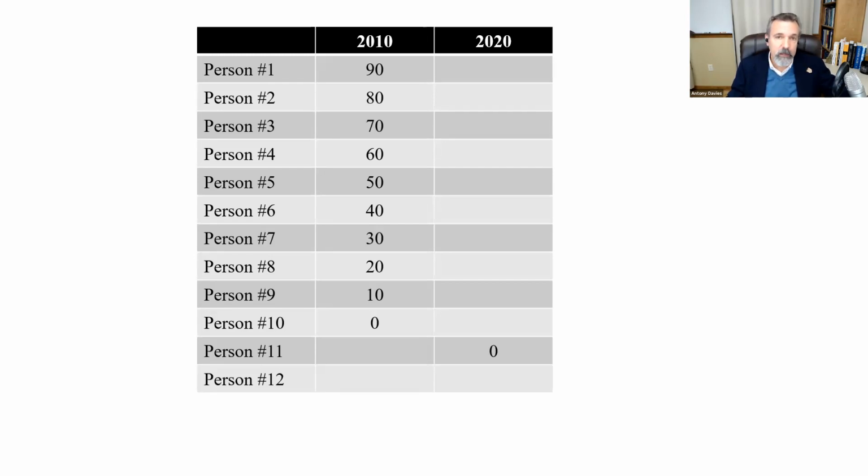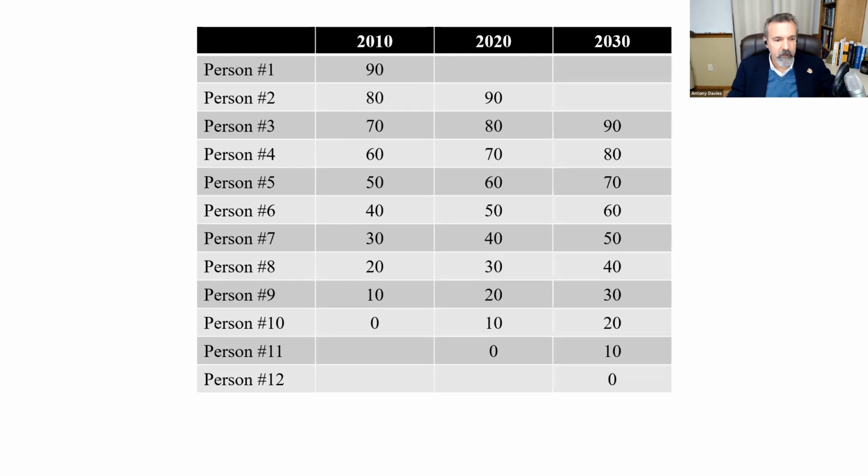Person 10 was born 10 years ago, it's now 10 years later, so he's 10 years old. Person 9, he was 10 years old a decade ago, he's now 20. All these people aged, except for person 1. Person 1 died. He's gone. And I ask you, what's the average age of my community of people here? The average age is 45.